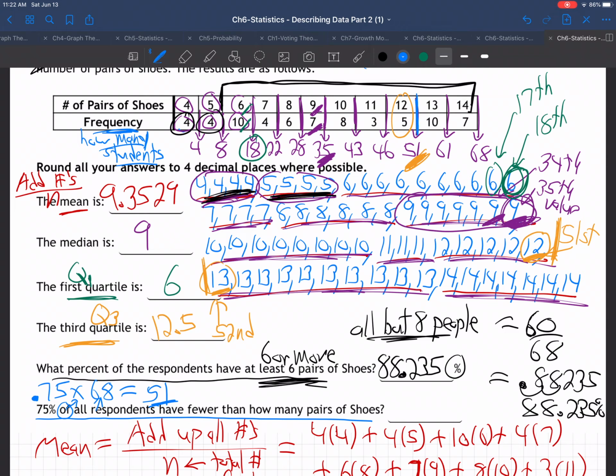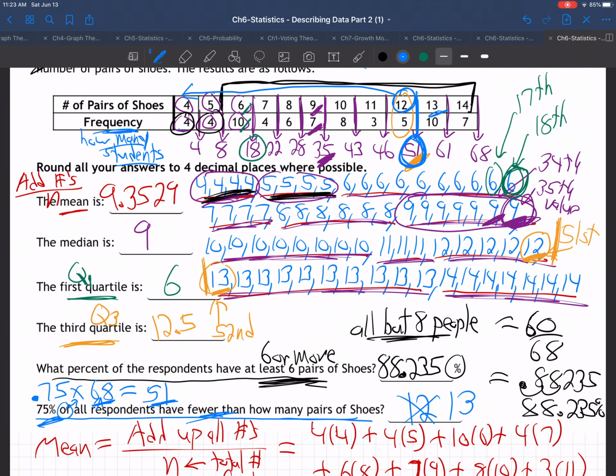So in other words, they're saying 51 respondents have fewer than how many pair of shoes? Well, that's right here. 51 people have 12 pair of shoes or less. 51 people, which is 75% of the 68. 51 people, 75% of all the respondents, have fewer than, not 12, sorry, fewer than 13, because they have 12 or less.